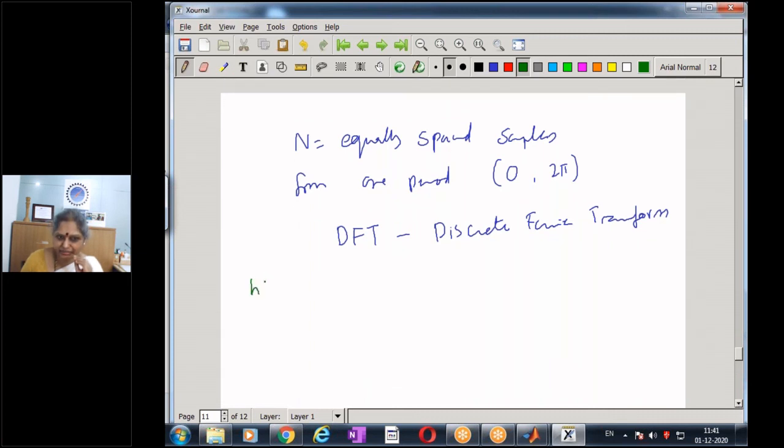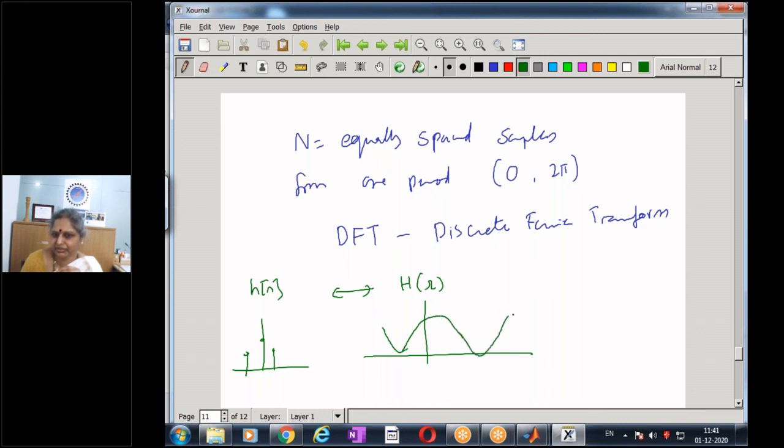If I take the samples h of n, in general if I take x of n, I move to h of omega, which is continuous. In this particular example, it's periodic, of course periodic for all x n, h n, h of omega.